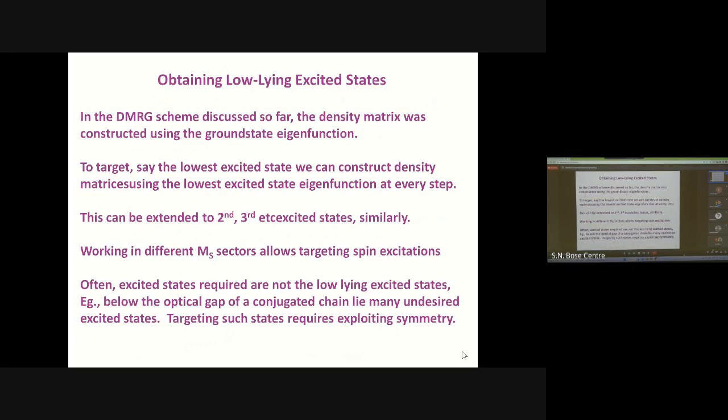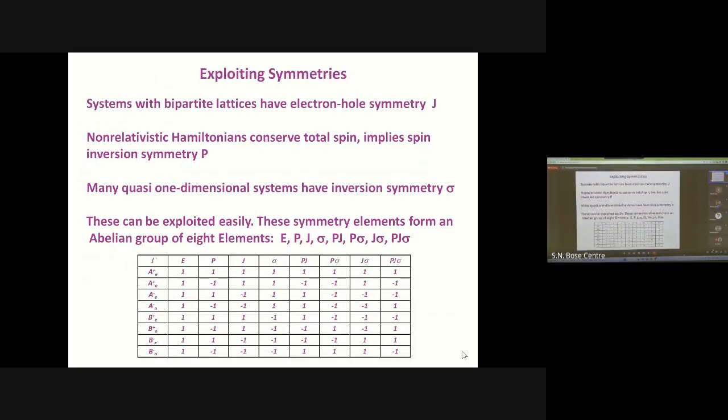And what you do is you take the DMRG basis vectors and project from the basis vectors the symmetry adapted vectors. The way to do the symmetry adapted vector projection is the following.